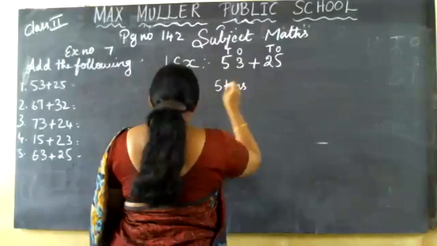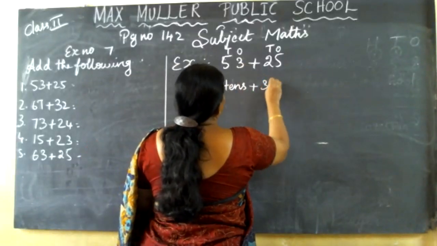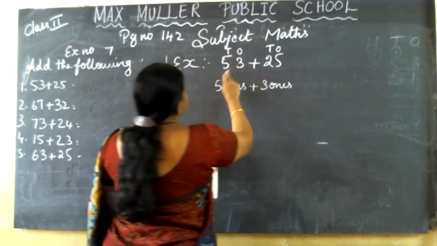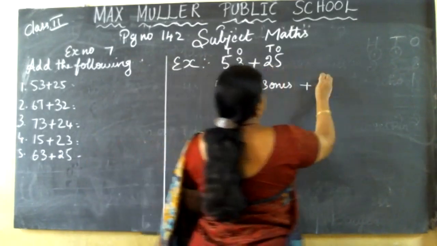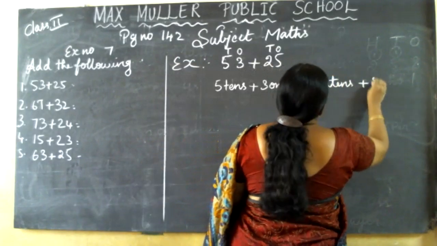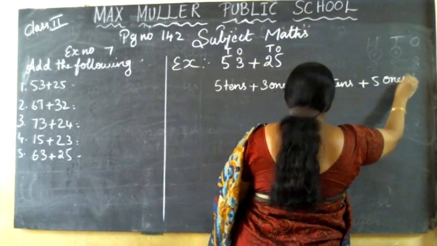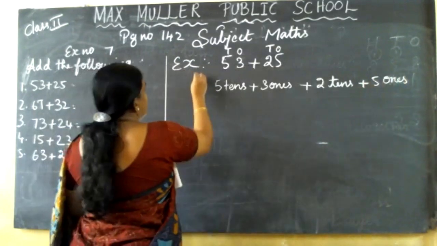Tens place. 5 tens plus 3 ones, plus, in this number, 2 is in tens place, 2 tens plus 5 ones. Understood, children? Like that you want to do. This is the first step.